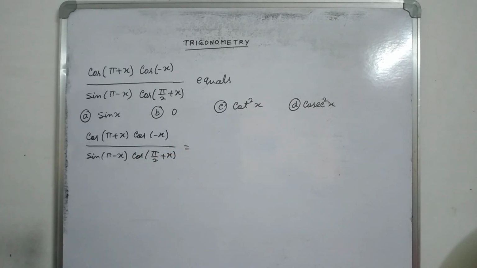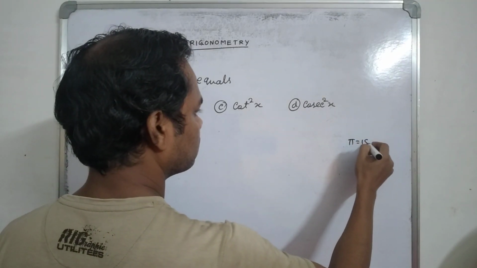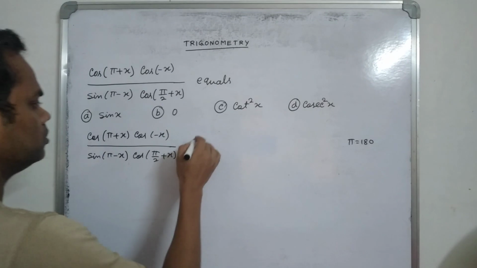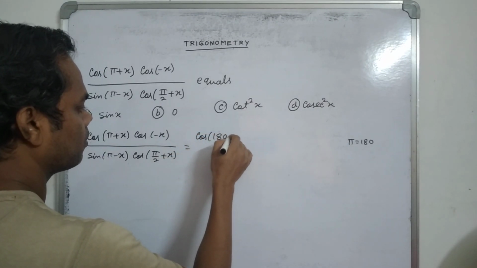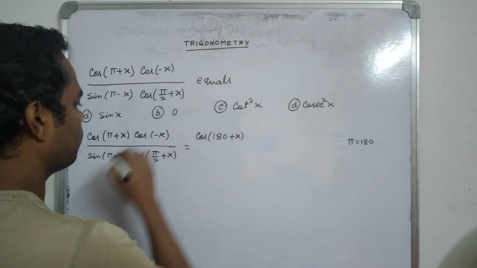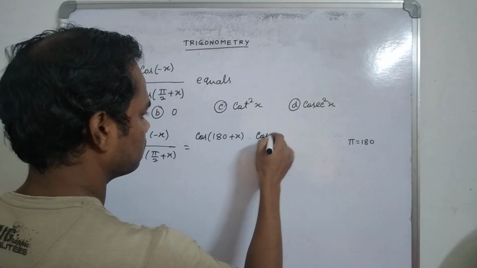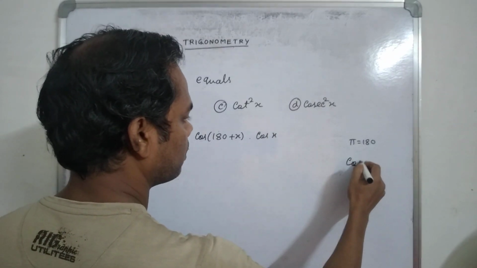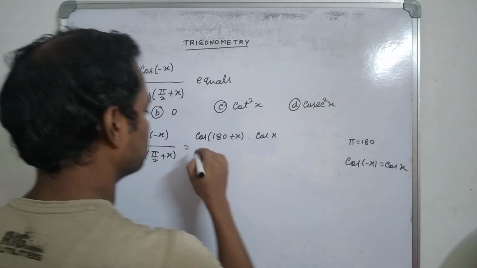Now you see that pi is 180 degrees, so cos(180 plus x), and cos of minus theta is cos theta, so cos(minus x) is cos x only.